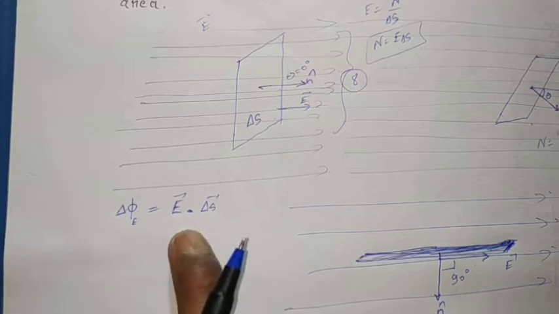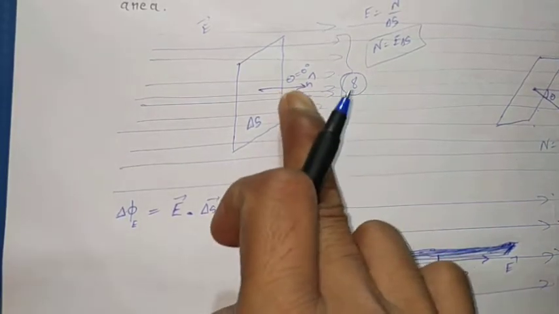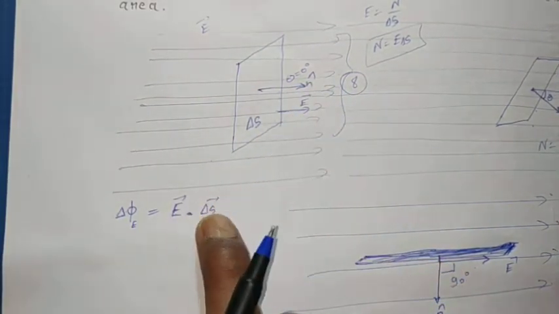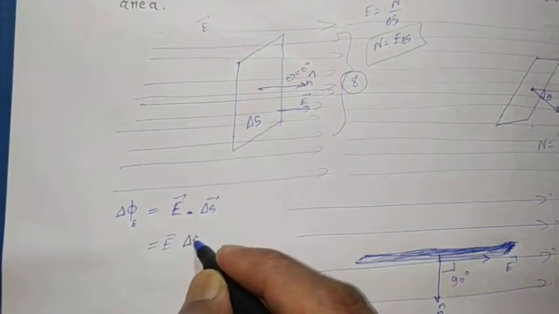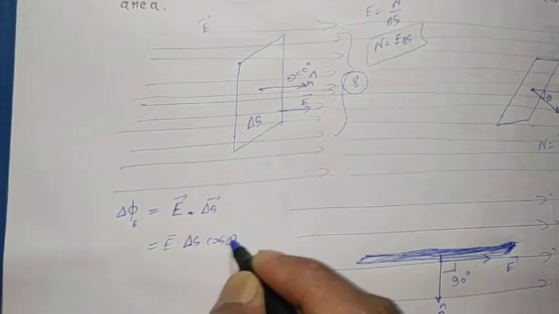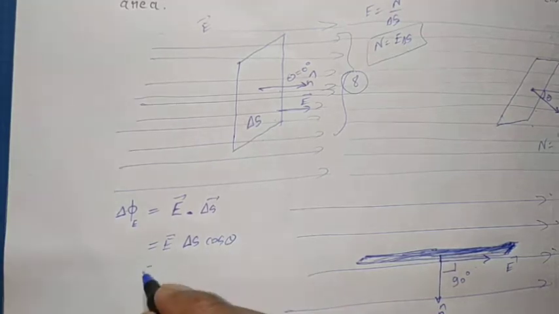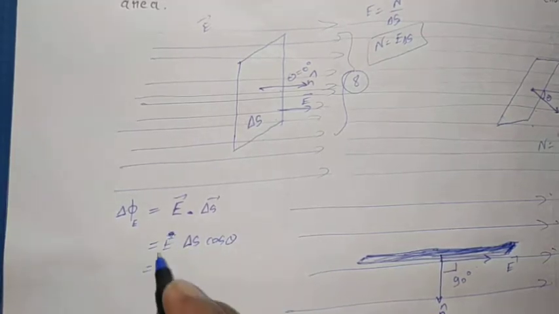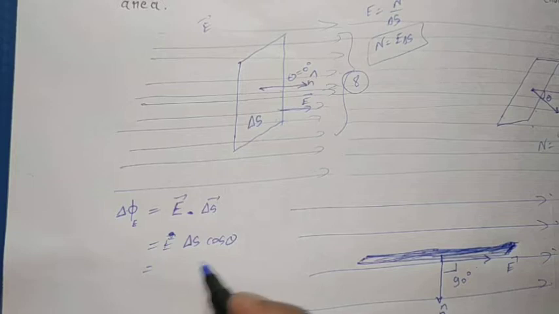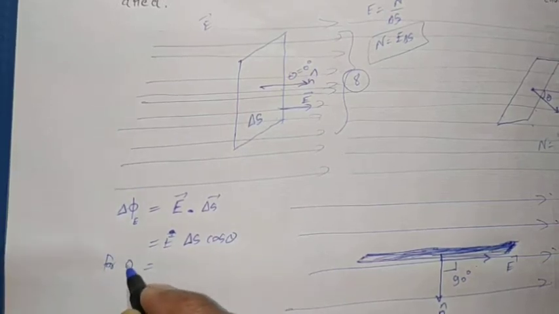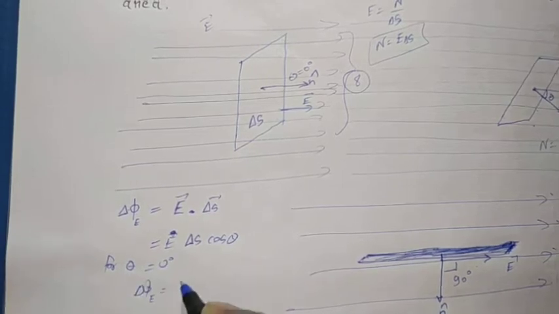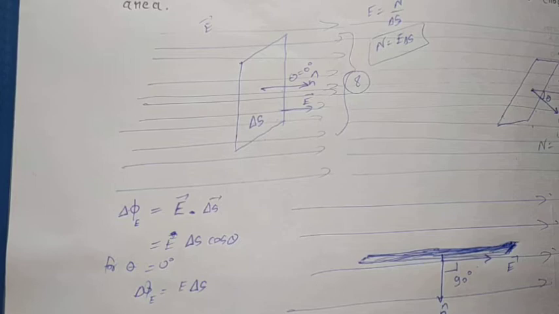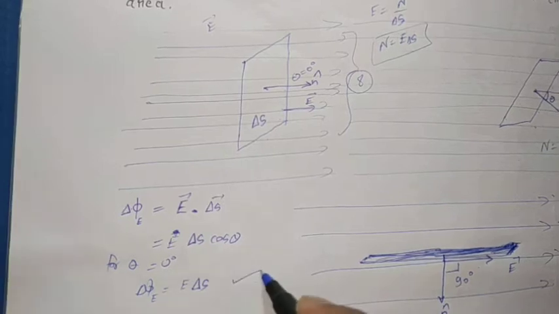Why dot product? Now consider 0 degree angle. So write it completely like this: E delta S cos theta for a dot product. So for theta equals 0 degree, cos 0 will be there, delta phi E is equal to E delta S. So it is the maximum value.